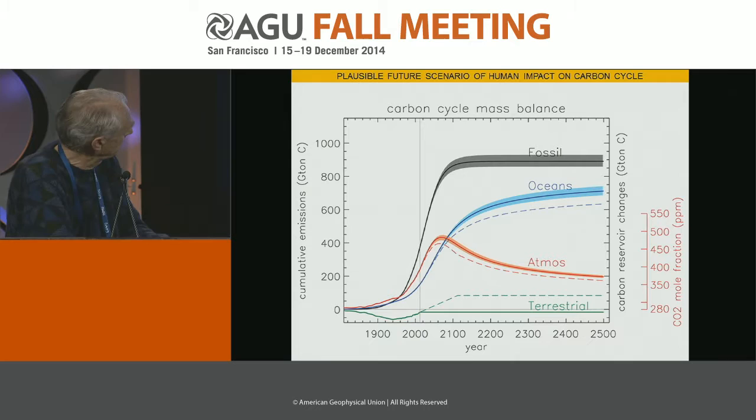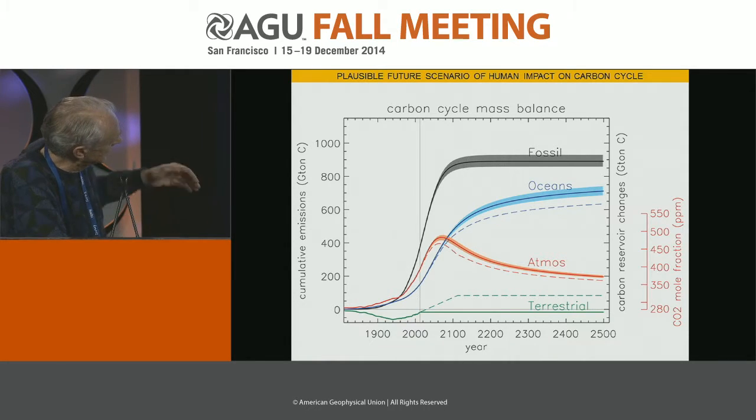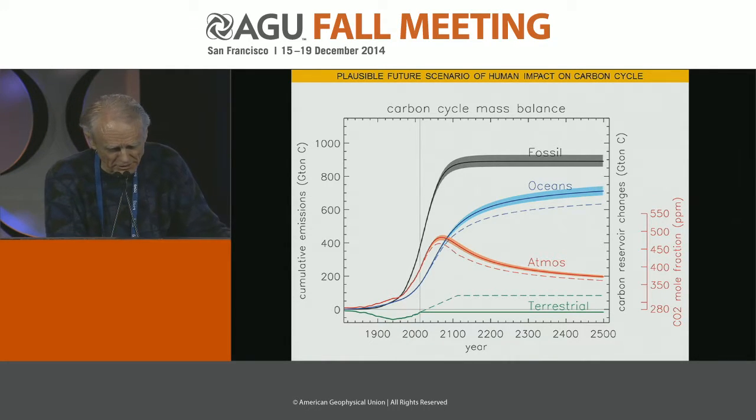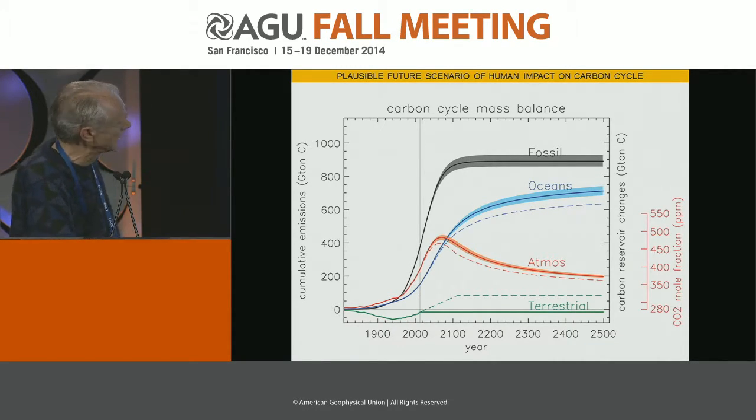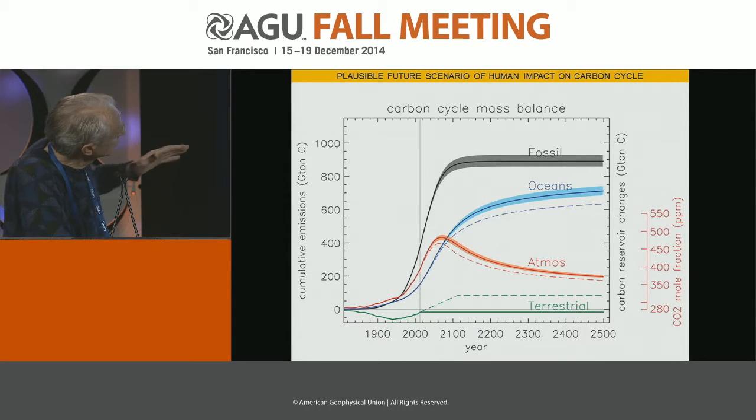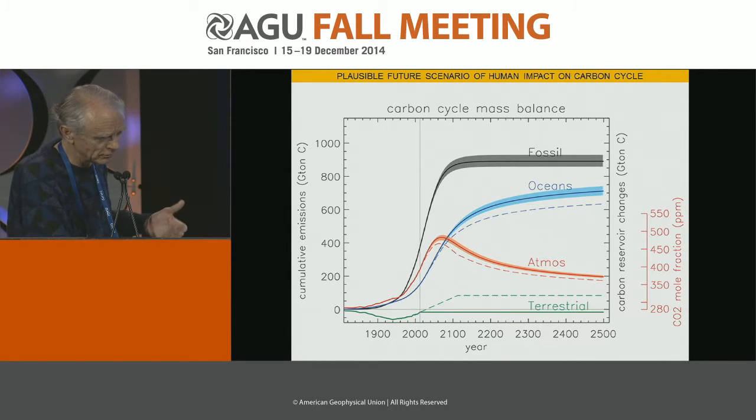And here's the kicker. I had assumed in the previous that the terrestrial biosphere wouldn't change anymore. It doesn't make a large contribution. But suppose that the terrestrial biosphere, either all by itself because of CO2 fertilization and nitrogen fertilization, or because we humans want to mitigate emissions by putting carbon in the terrestrial biosphere in various ways on purpose, takes up a net 1 billion tons of carbon over a period of 100 years.